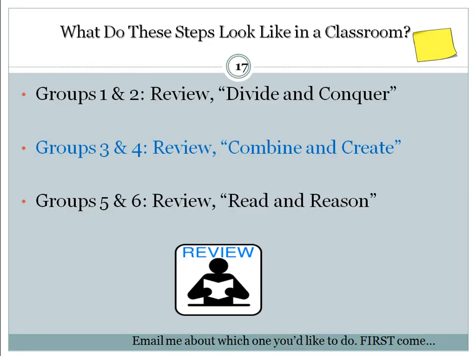And then when we go to slide 17, you're going to look a little bit more closely at two of the steps that are recommended. The information is on Canvas. So let me know if you'd like to do the first group, 1 and 2, or the second group where you're going to look at 3 and 4, combine and create, or the last group where you're going to review, read, and reason.